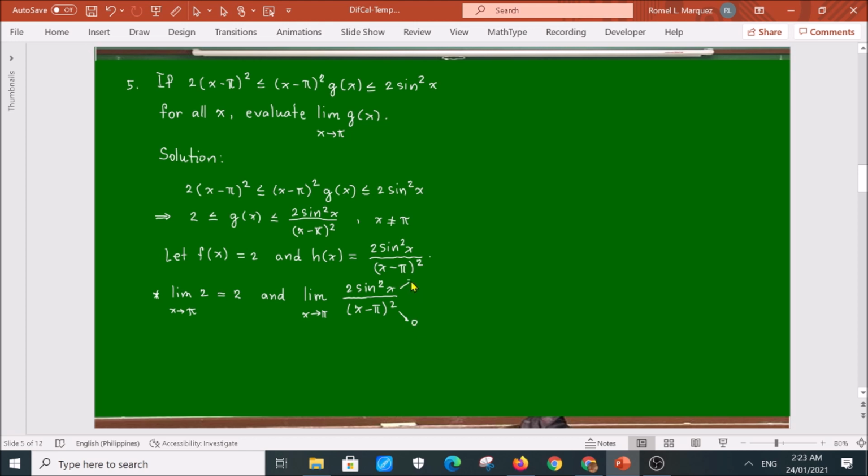The limit of the numerator as x approaches pi is also 0. Hence, this is of indeterminate form 0 over 0. Let's try if we can apply this theorem: the limit as x approaches 0 of sine x over x is equal to 1.